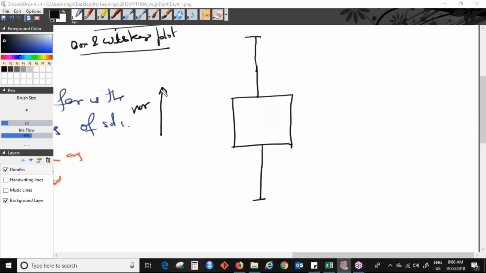So how do we draw the box plot? We have this plot where we have a box here.